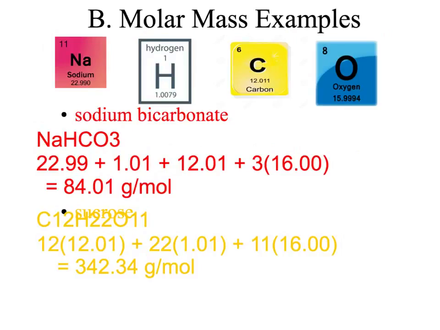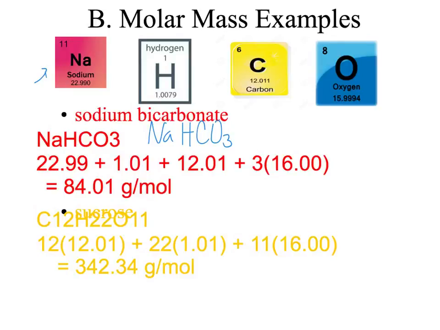All right, let's do a couple more. Again, this PowerPoint likes to change things on me, so it's NaHCO3. Okay, and when you see these subscripts like this, they only count for the element that they are right behind. So they only count for this oxygen here. Okay, so I look at my sodium. Sodium is 22.99, so I write that down there.